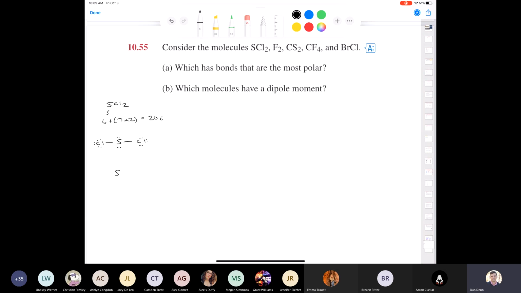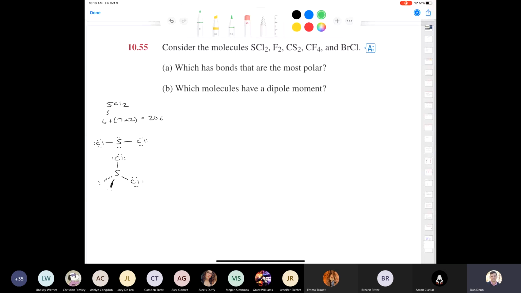There's a number of ways I could draw this. I'll draw it with the 2 chlorines in the plane, like this, and then I'll draw a dash showing 1 lone pair in the back and a wedge. That looks like crap. A wedge, come on, Dion. And then a wedge coming out in front like this with the other lone pair. And so the molecular geometry here is bent.